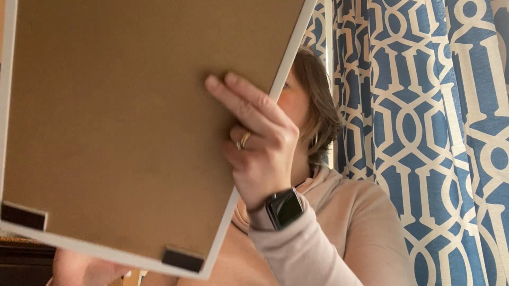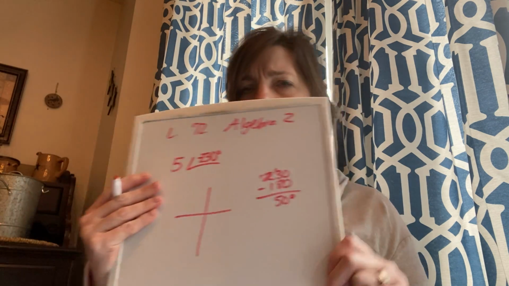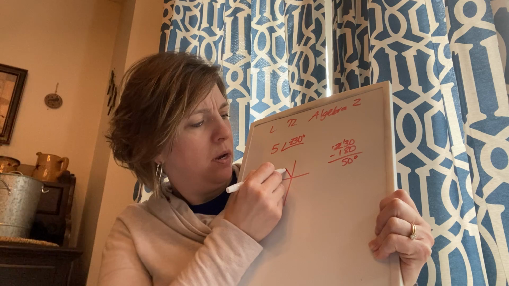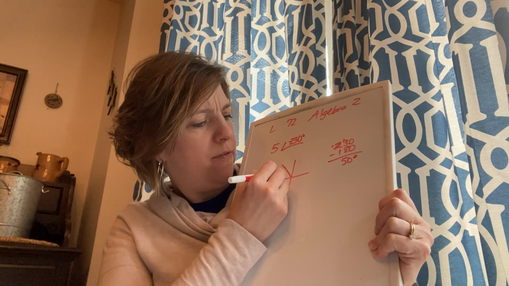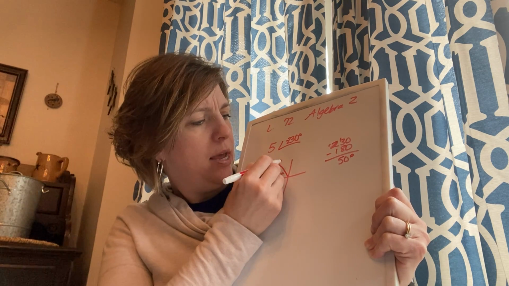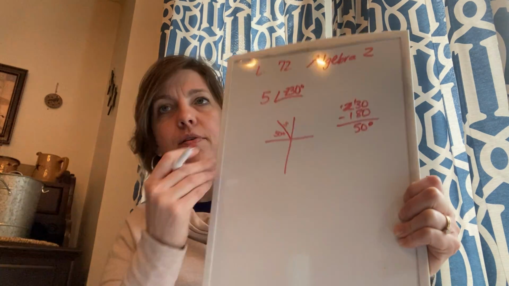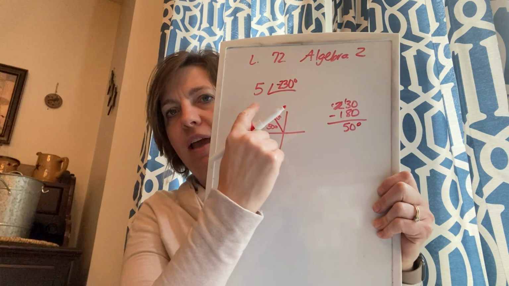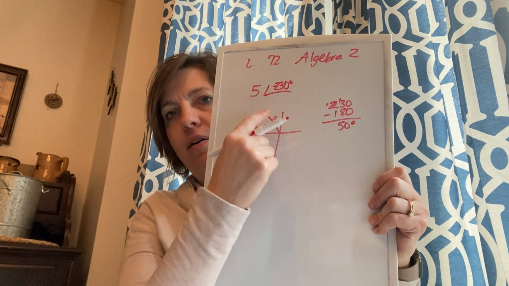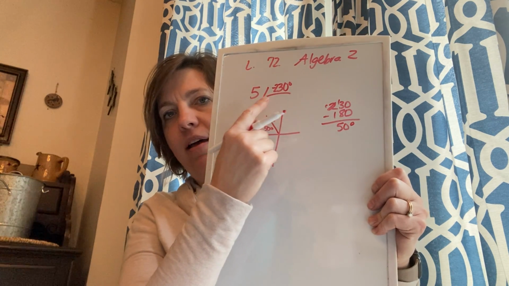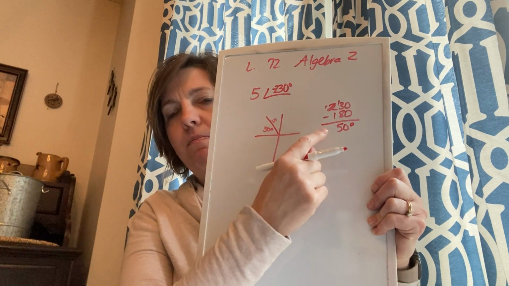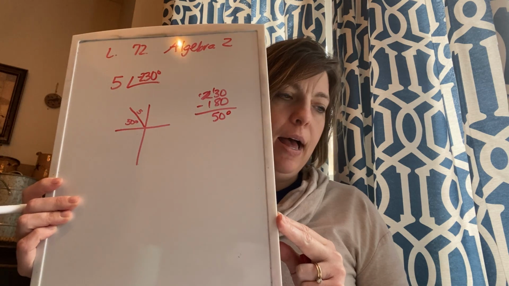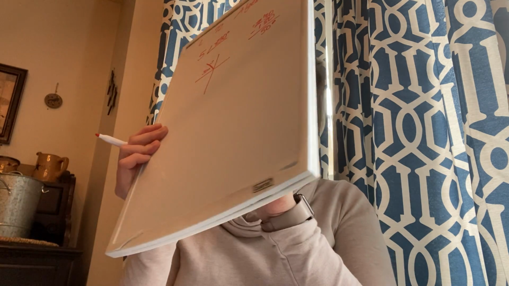If I have 50 degrees, then it's going to come up this direction, and this would be 50 degrees. And I know that this is 5, right? So I solved all of that based on what they gave me here. The length of that radius is 5. And then I did 230 minus 180, and that gave me 50. All right? So that's how I've got it so far.